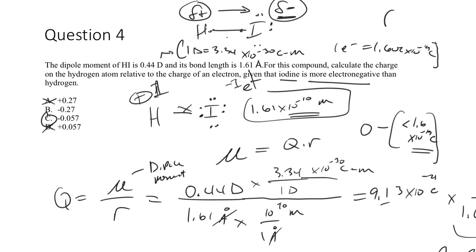Like if you take a bond between two chlorine atoms, the charges on these atoms are exactly equal to zero. But you put HCl, then all of a sudden we get some charge being distributed. We get hydrogen being positive, chlorine being negative.